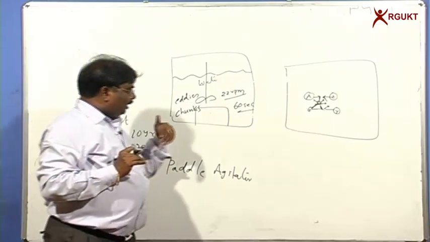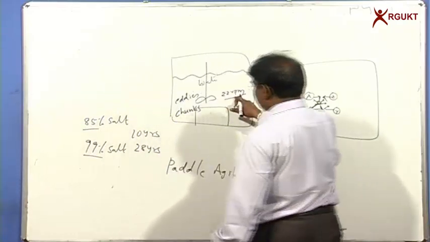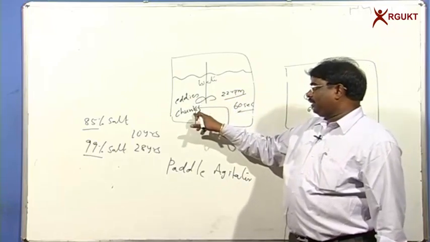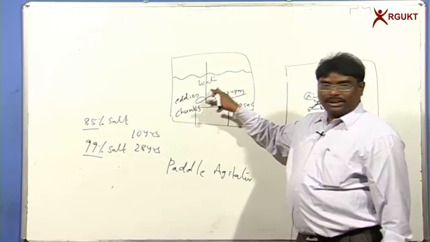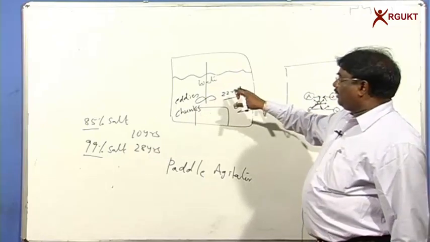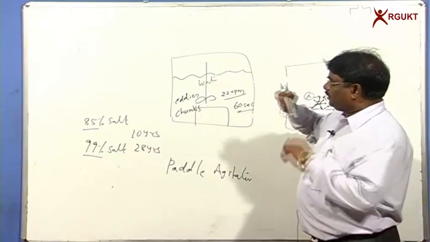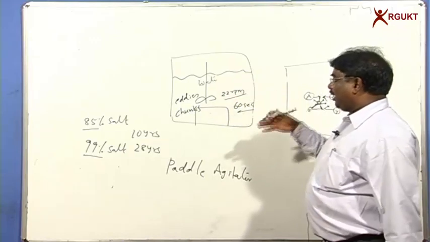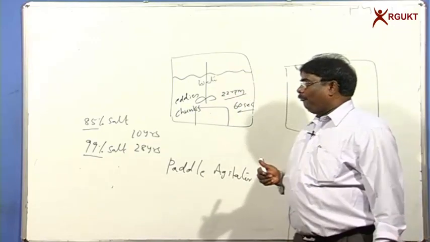Because of this small stirrer speed, a lot of eddies, a lot of chunks, are going to be generated. These eddies or chunks carry the solute along with them, and when they go to the new location, they disperse the solute into the bulk of the liquid, and because of this, the mass transfer is going to be very fast.